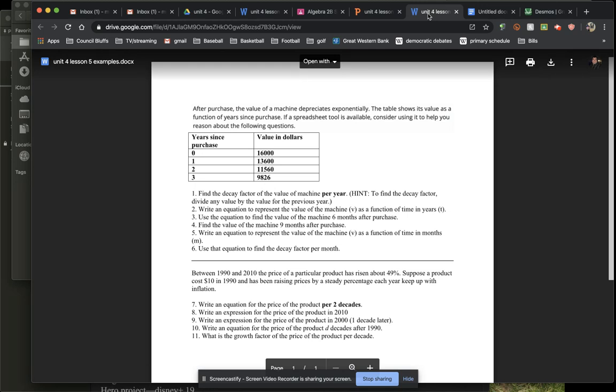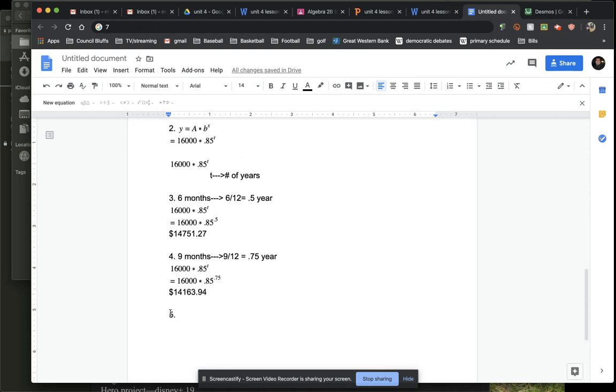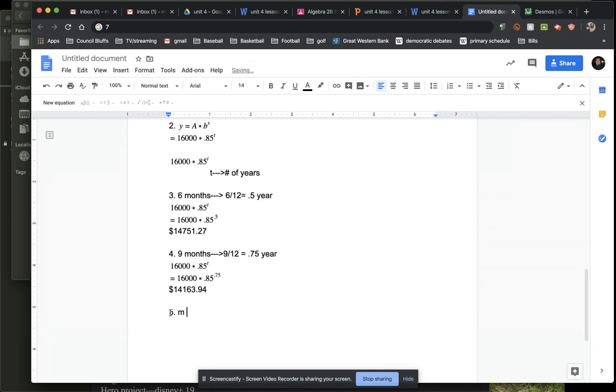Number 5, write an equation to represent the value of the machine as a function of time in m months. I have to divide that by 12, just like I did with 6 months.